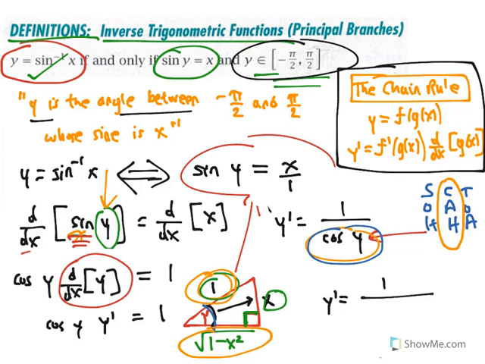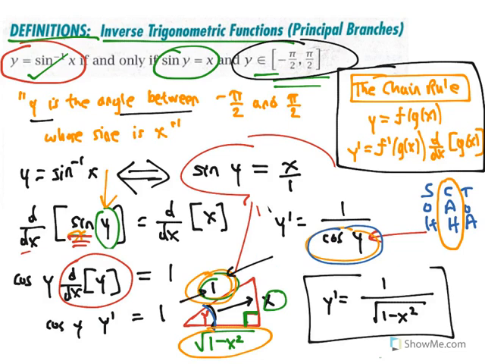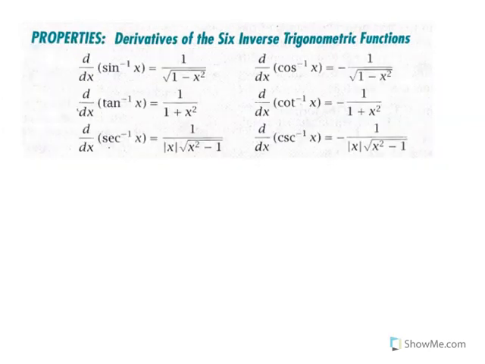And the length of the adjacent side in my right triangle here is the square root of 1 minus x squared divided by the length of the hypotenuse, which is 1. So this is, in fact, the derivative of the inverse sine function. So we just proved this differentiation rule.